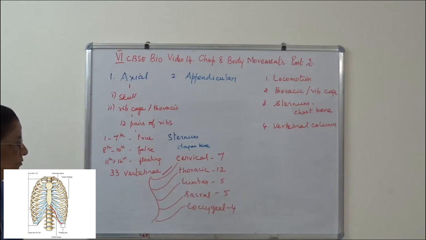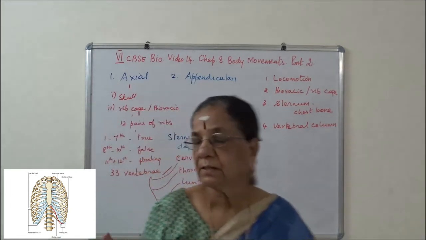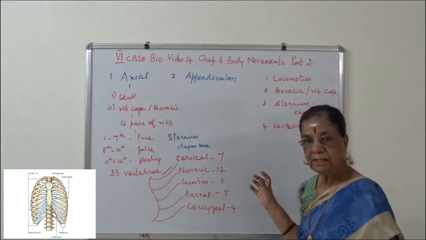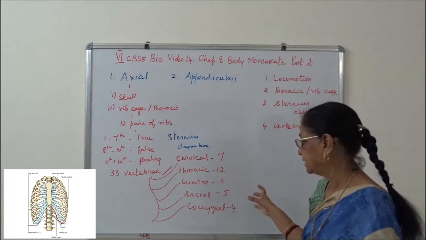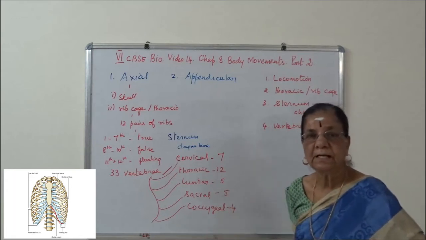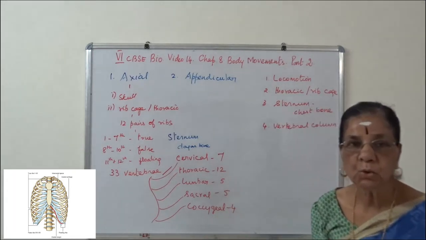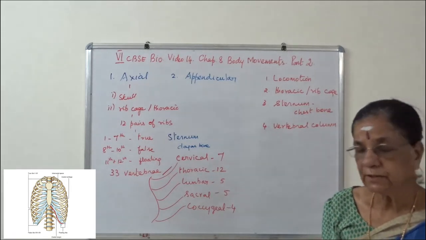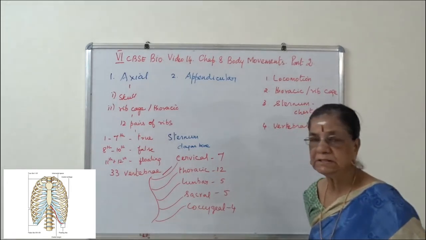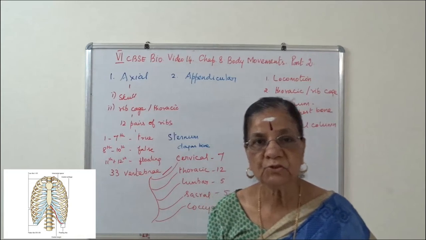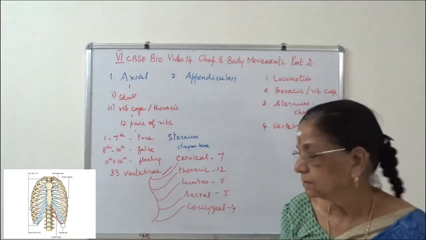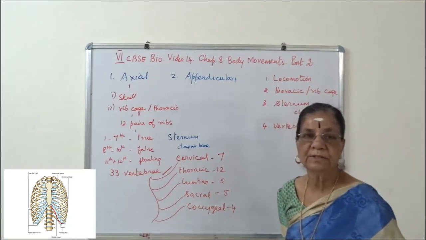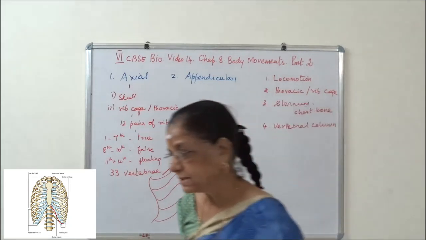So the number of bones: cervical 7 vertebrae, thoracic 12, lumbar 5, sacral 5, and coccygeal 4. But in human, all the 4 coccygeal fuse to form a more or less single bone. That is coccygeal vertebrae. I hope you understand.